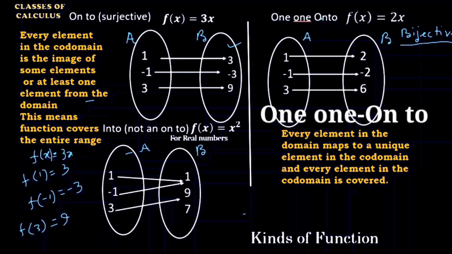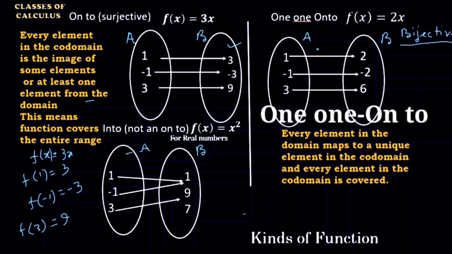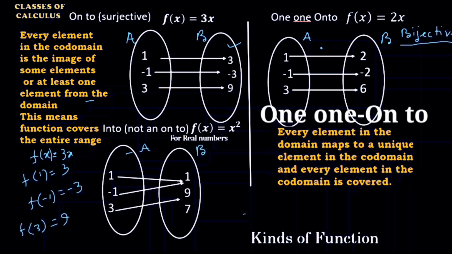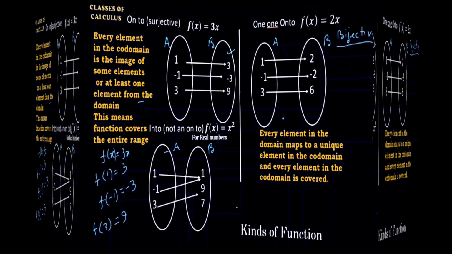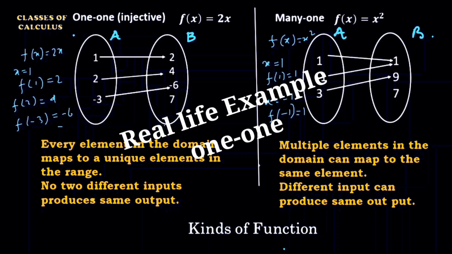This means that every element in the domain maps to a unique element in the codomain, and every element in the codomain is covered. Let us see some real life examples of these functions.